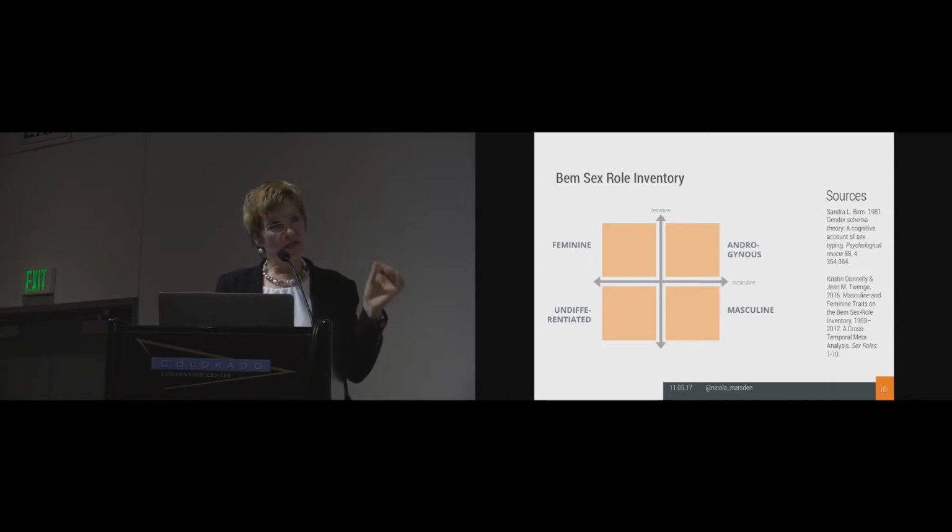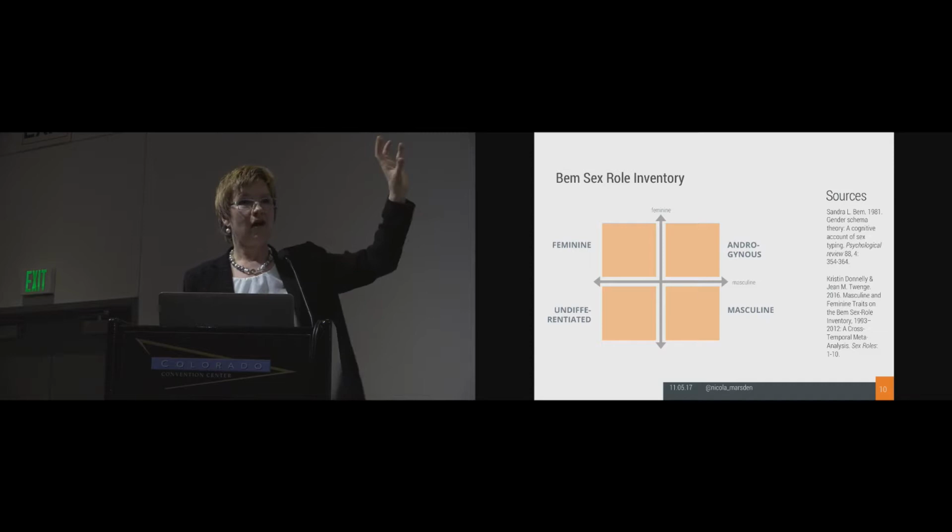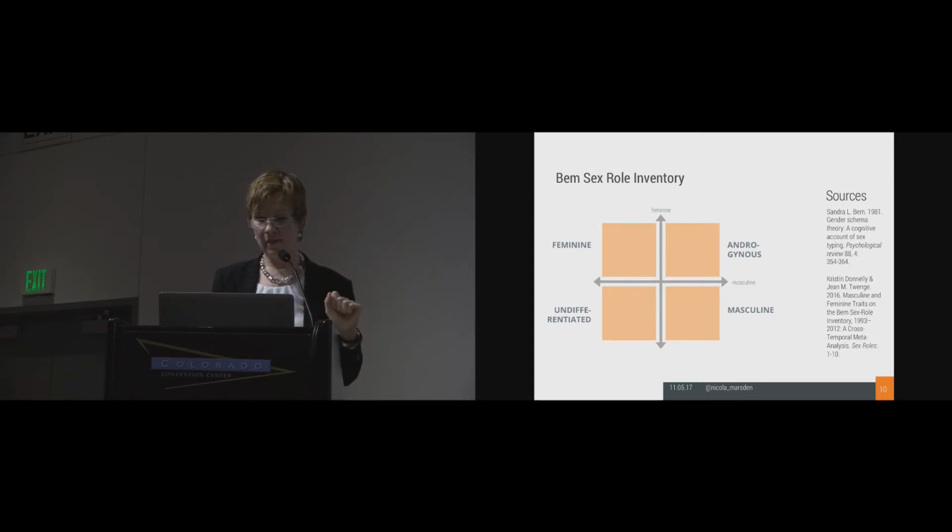And what she showed also with this model, and that was new at the time actually, is that the identification with the feminine or the masculine qualities can both either be absent or be present in one individual person. So that's where the concept of somebody can be androgynous came in, or somebody can be undifferentiated.